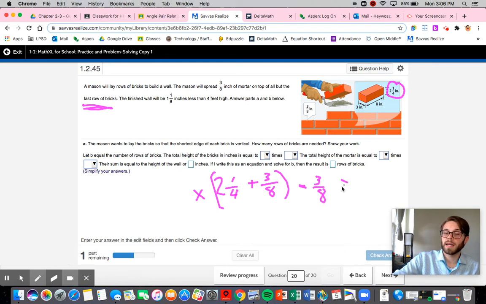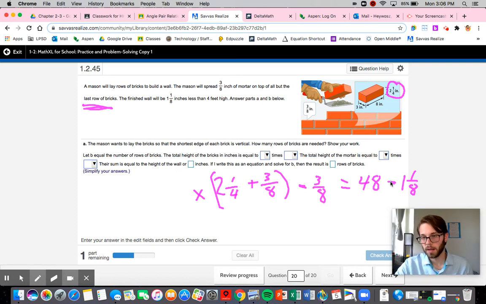And ultimately, that is going to be equal to 4 feet, which I want to convert to inches because everything else is in inches. So that is 48 inches. And then minus 1 1/8 inches as well.